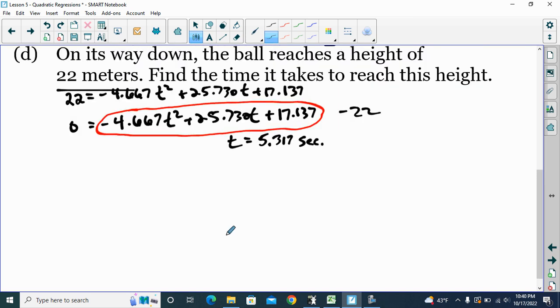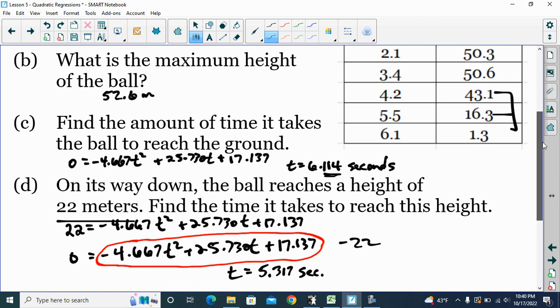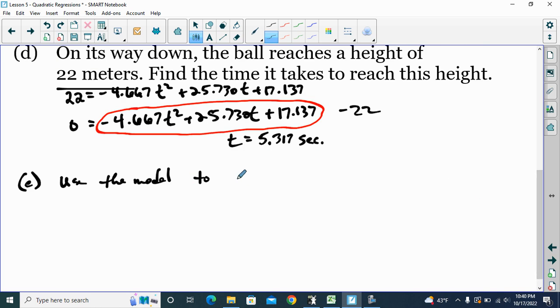Part E, last part. Part E says use the model to approximate the height at 4.7 seconds.